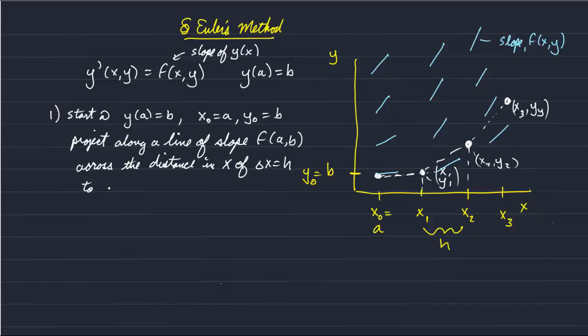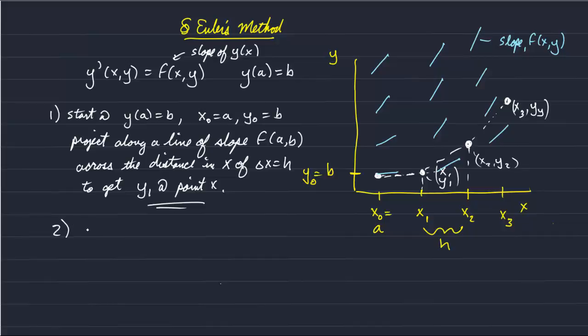And this gives us y1 at point x1. So projecting along that first slope gives us this first point.